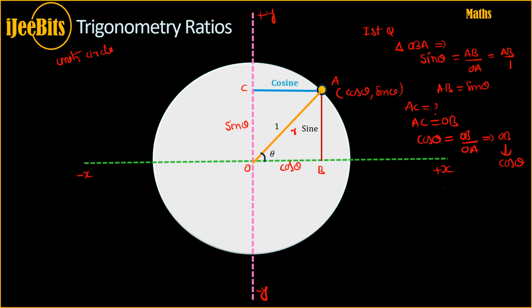Are you clear? So how did we get sin theta and cos theta as lengths in this unit circle placed on the Cartesian plane? So we have now covered two ratios and how they appear on this diagram.